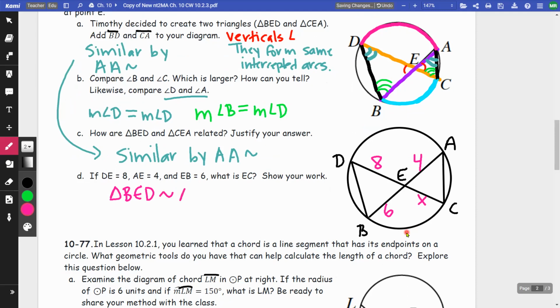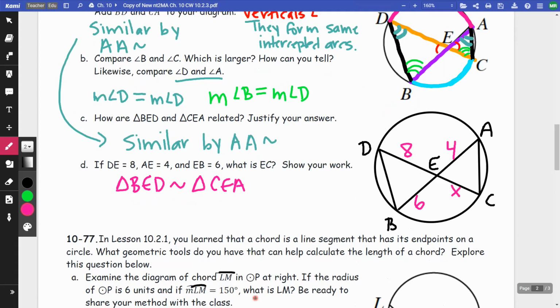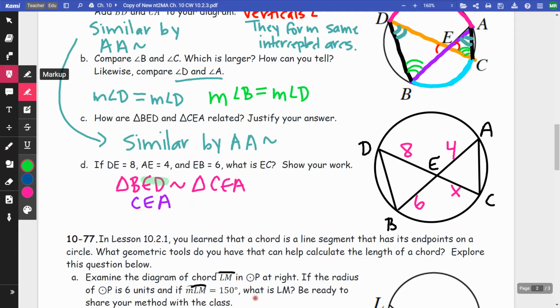I know that BED is similar to CEA if you look at the angle marking. B and C correspond, E and E correspond, D and A correspond. So I'm going to write underneath it just to match it up. So this matches with CEA. So when I have DE, DE is going to match up with EA.